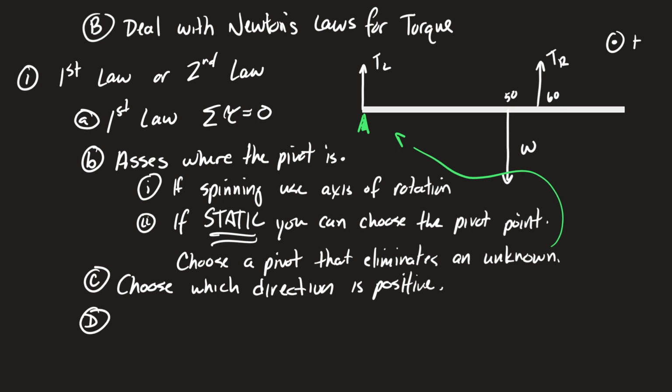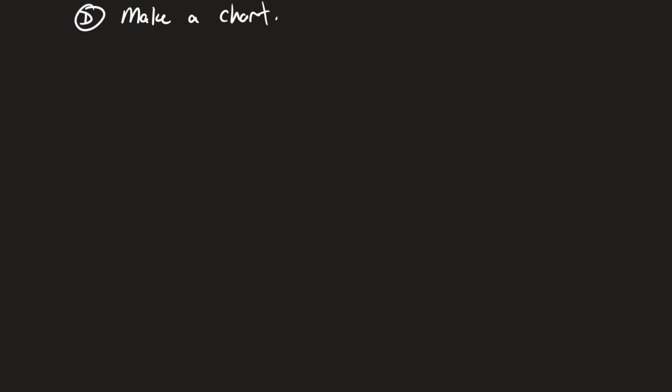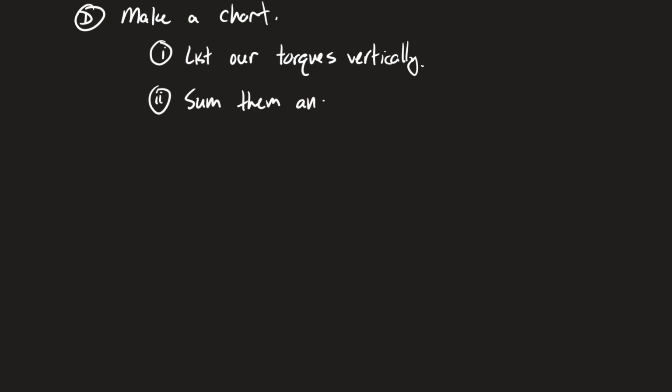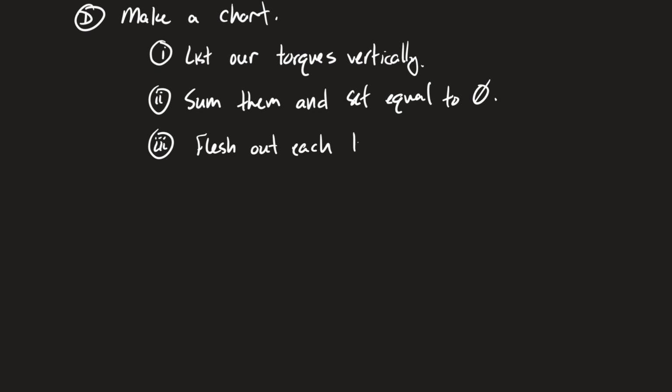Now, part D, make a chart. We're going to list our torques vertically, sum them, set them equal to 0, and flesh out each torque based on your pivot point.